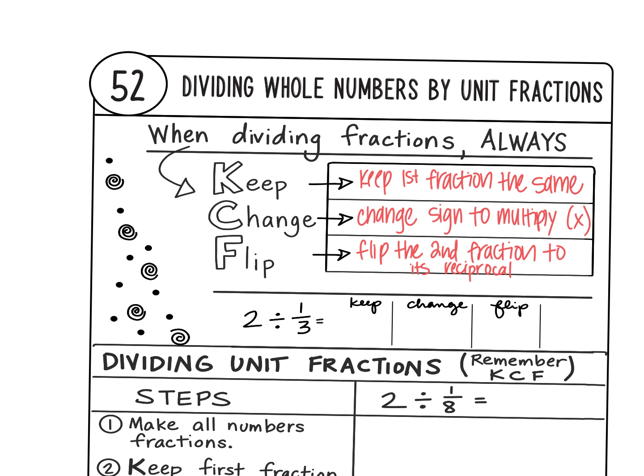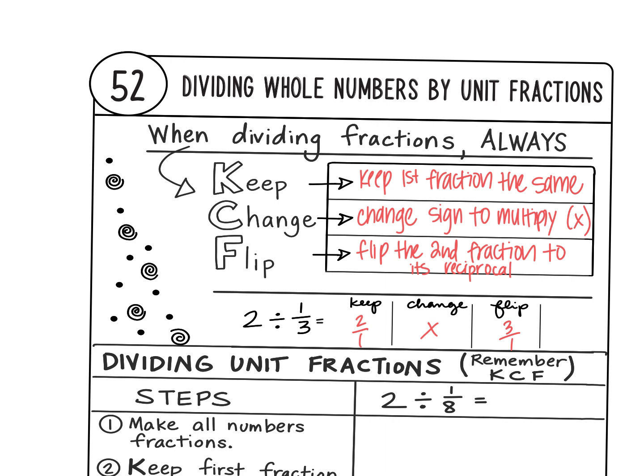Okay, now because I have a whole number first, I have to make that whole number a fraction by putting it over 1. So I'm going to do 2 over 1. I'm going to keep that. Then I'm going to change to multiply, and I'm going to flip that second fraction. And then I just multiply straight across.